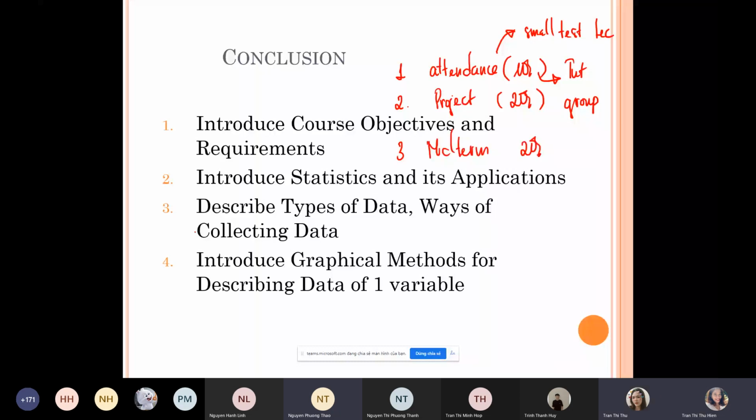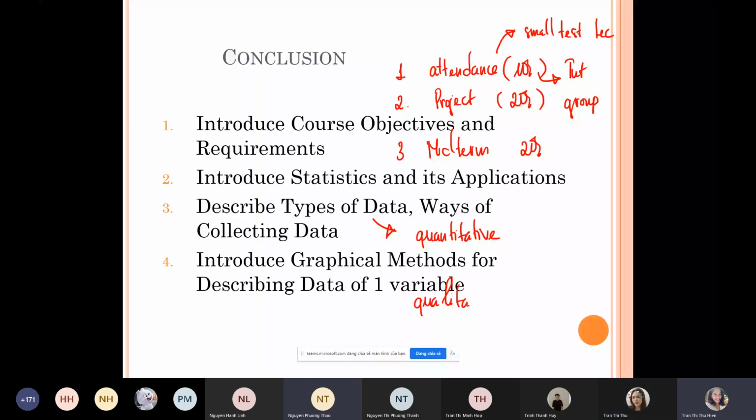Introduce statistics and its applications. Describe types of data. How many types of data? Quantitative and qualitative.